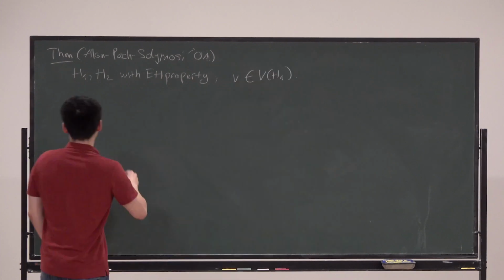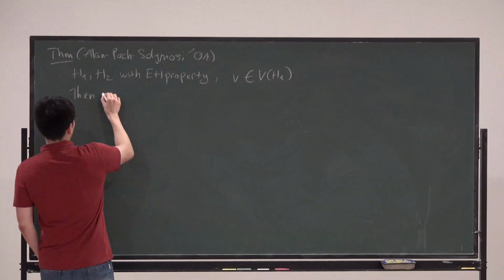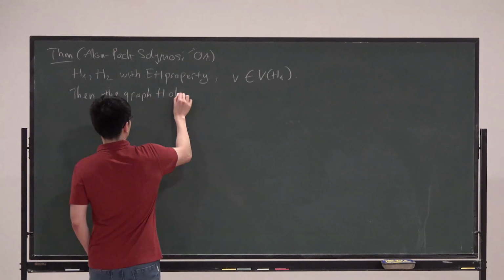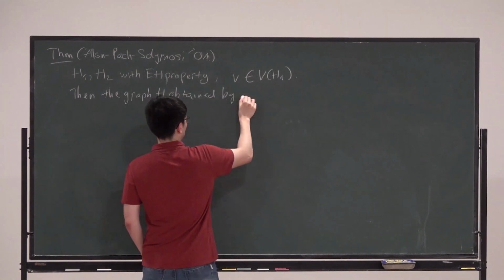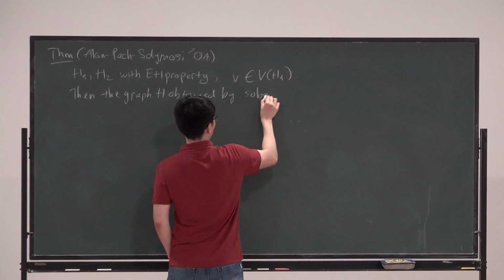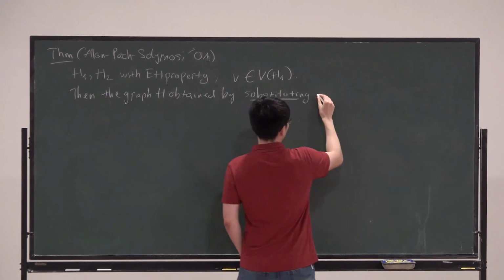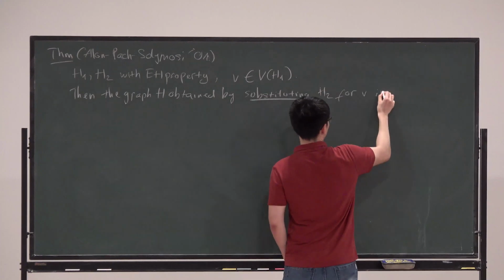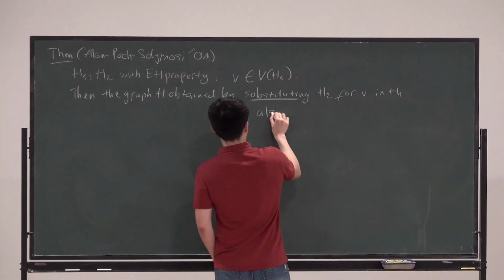Then the graph H obtained by substituting H2 for V in H1 also has the property.